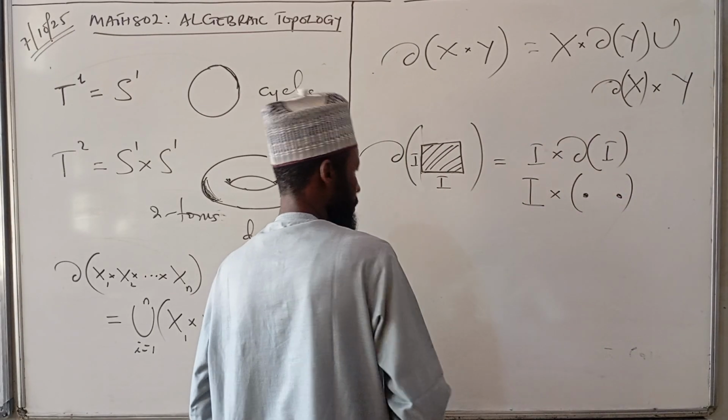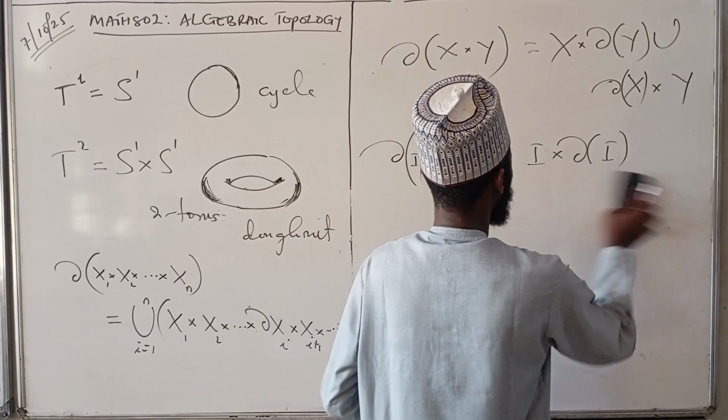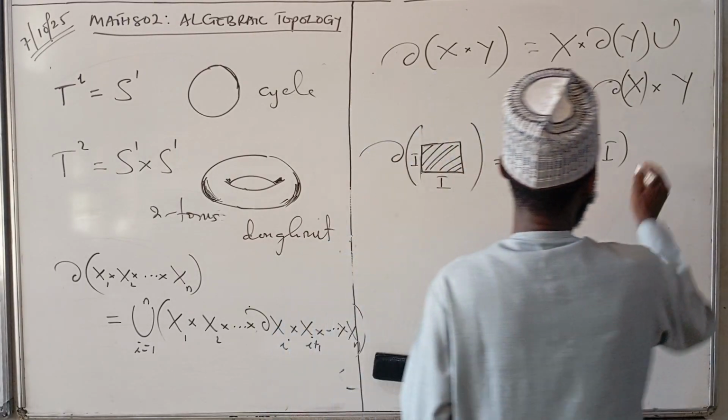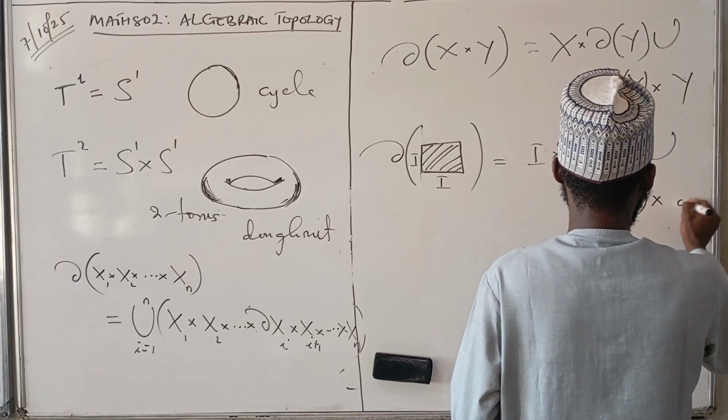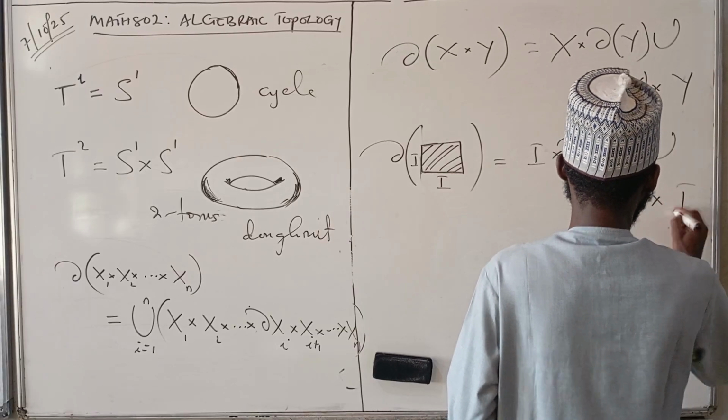Let me show you in the picture. It will be the union of the boundary of I cross I, and I cross the boundary of I.